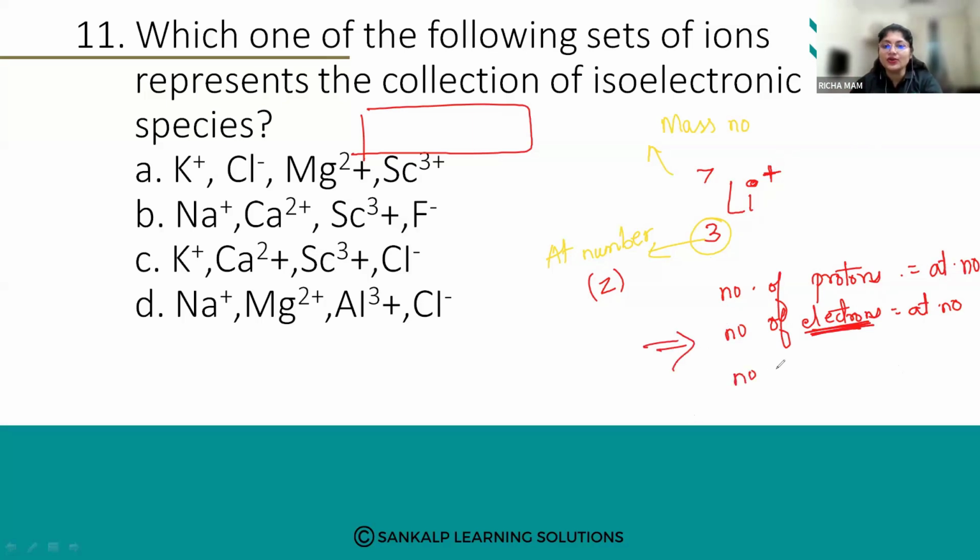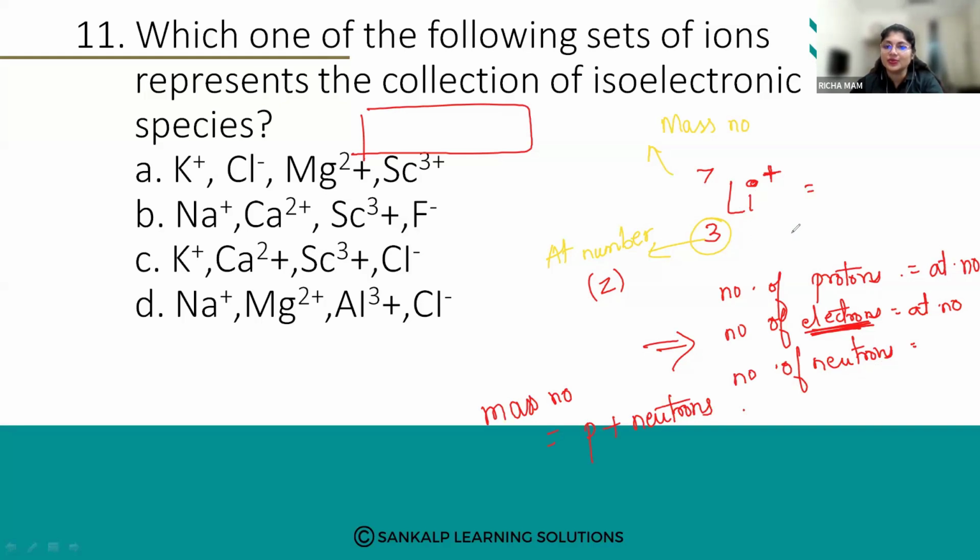Then how are you going to find the number of neutrons, students? Mass number is protons plus neutrons. Here the number of protons is 3, so P equals 3.